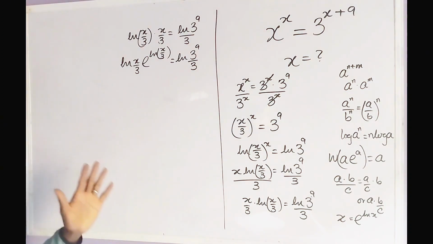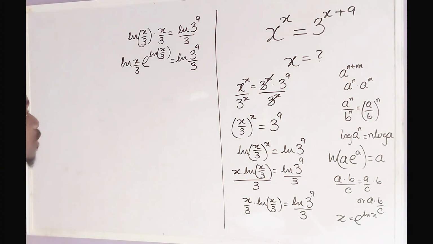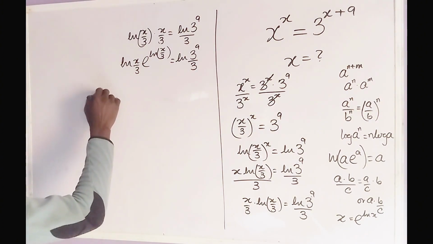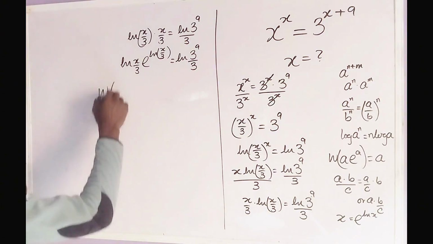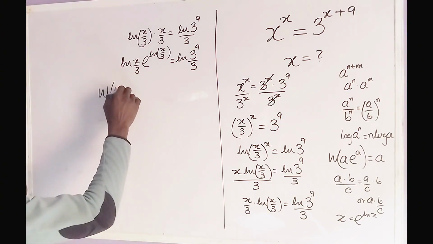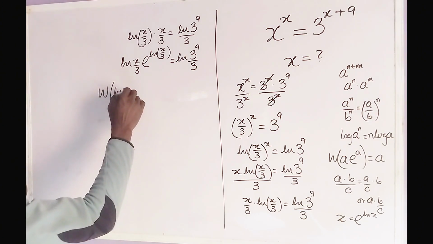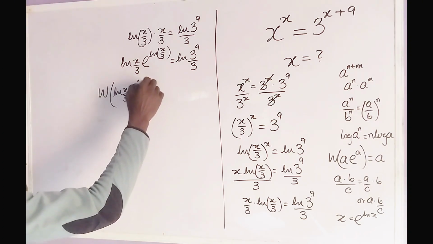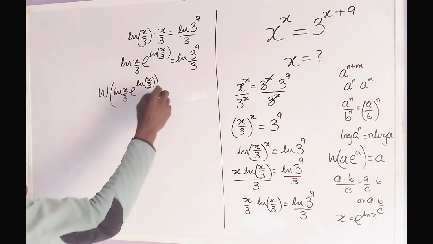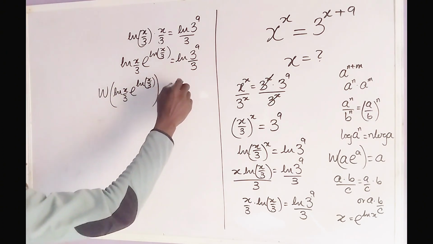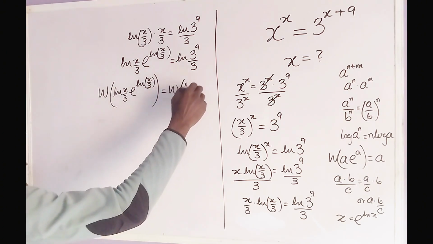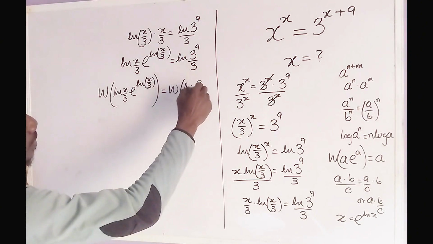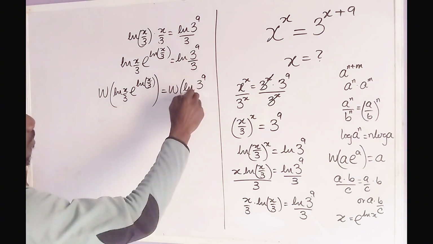So at this point now we can apply the Lambert W function. So here we can say W of ln x all over 3 times e to the ln x all over 3 then equals W of ln 3 raised to the power of 9 all over 3.